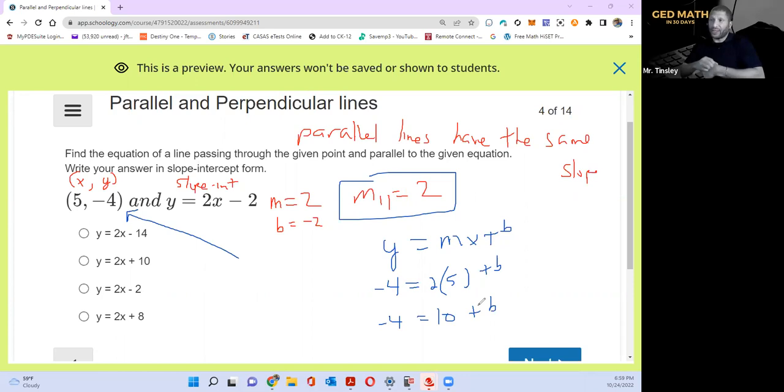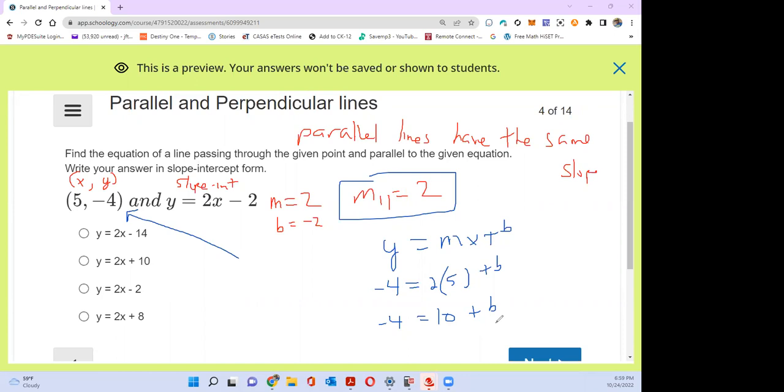How do I get B by itself? What do I need to do? -4 equals 10 plus B. If I want to get B by itself, what term do I need to get rid of?